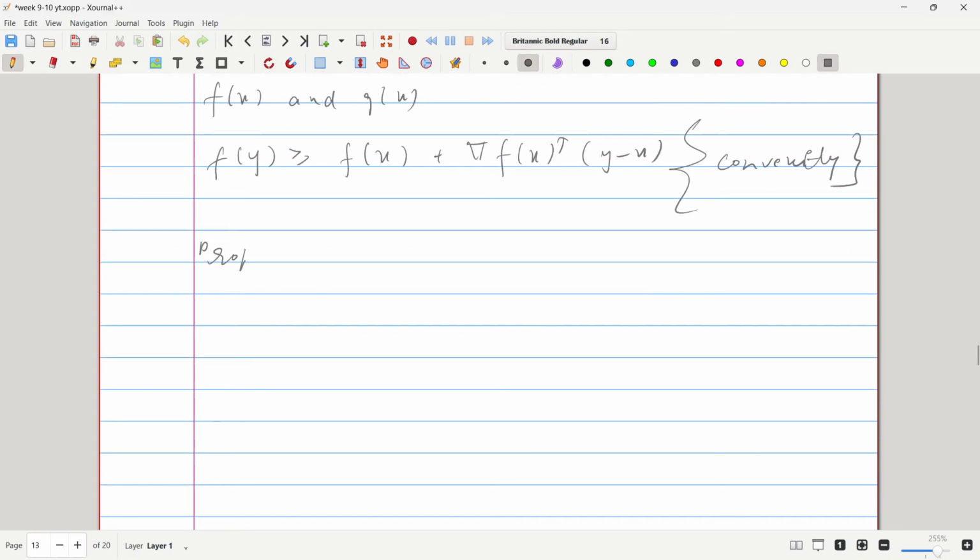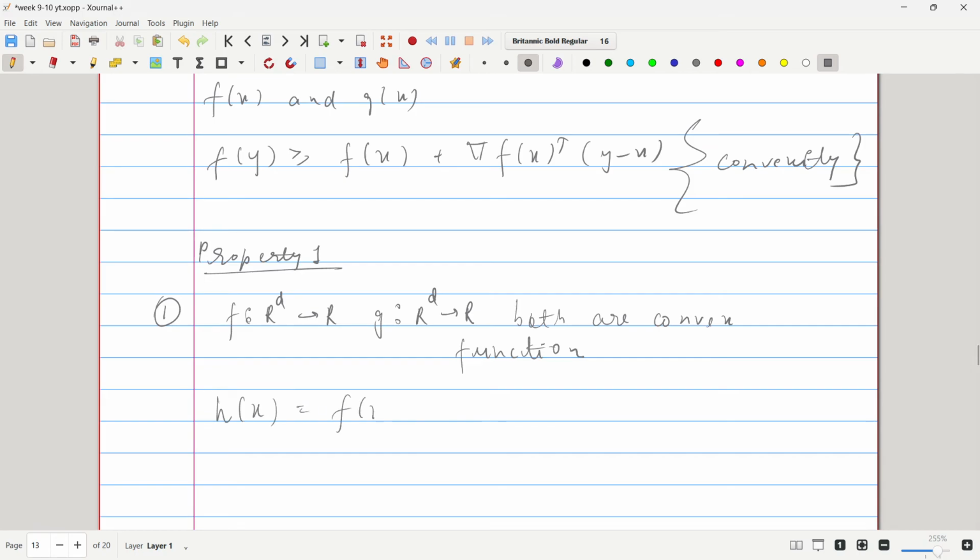So property 1 is, suppose your function f is R^d to R and g is also R^d to R, and both are convex functions. We define another function h(x) equal to f(x) plus g(x).